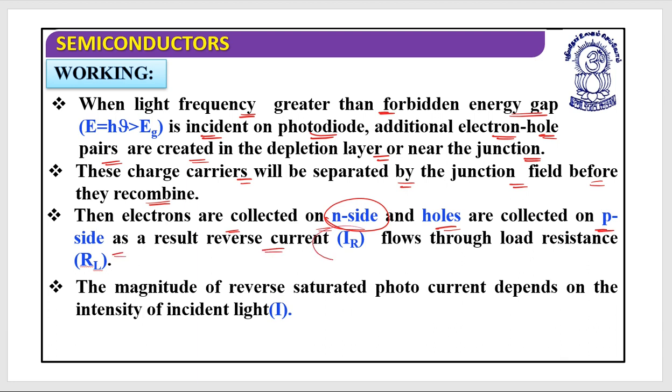As a result, a reverse current flows through the load resistance RL, and the magnitude of this reverse saturation photocurrent depends on the intensity of incident light.